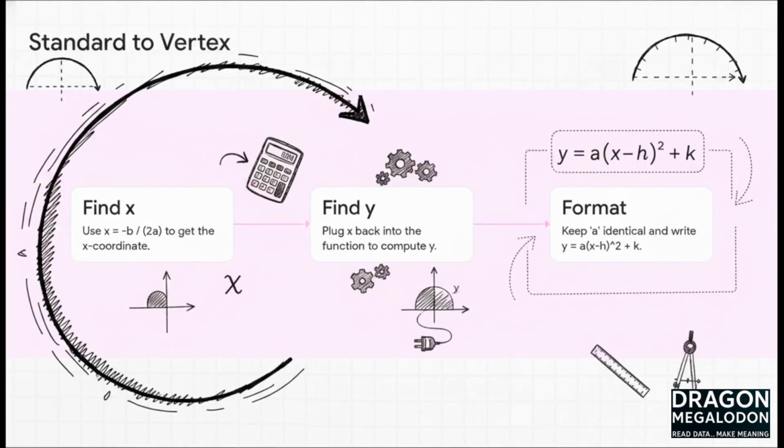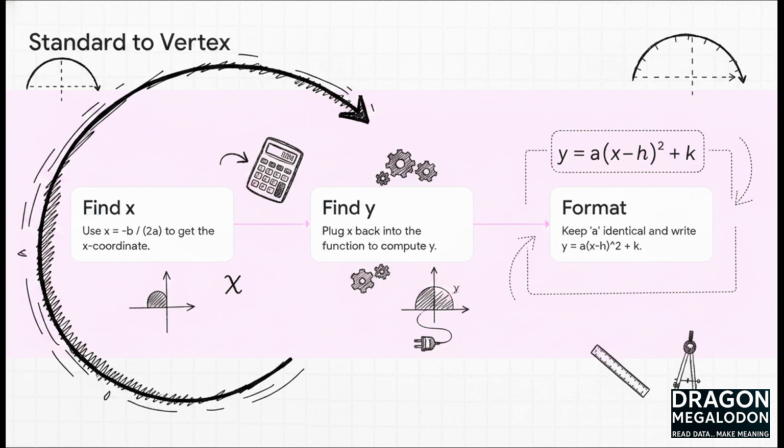Going from standard to vertex form, however, requires a bit more careful reverse engineering to rebuild the coordinates piece by piece. Step 1, use our master hack, x equals -b/2a. That finds the exact x-coordinate of the vertex, which becomes your h parameter. Step 2, remember that a mathematical function is just a machine. Every input x needs an output y.